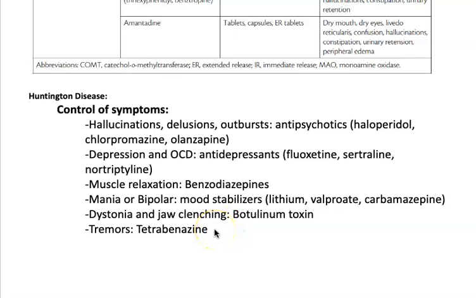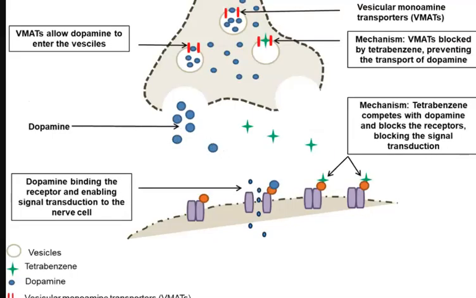And then tetrabenazine actually does the opposite of MAOIs. So monoamine oxidase inhibitors are going to keep the neurotransmitters in the synapse. Tetrabenazine functions in a slightly different way than anything we've talked about before. So normally dopamine gets in the vesicle and then it's released by the action potential.